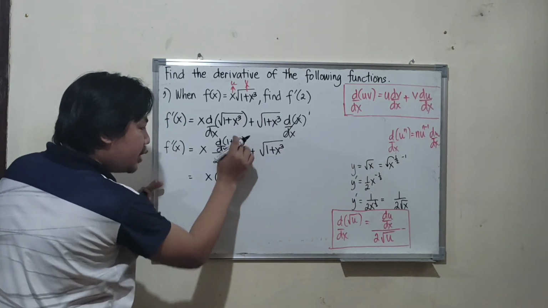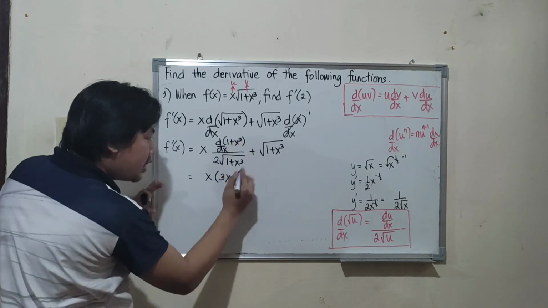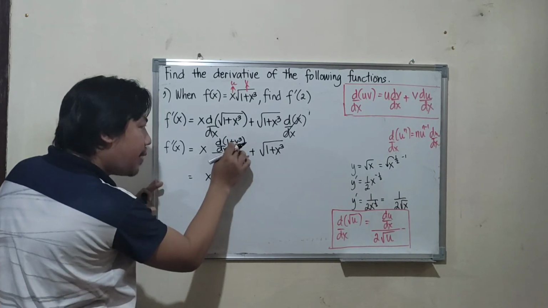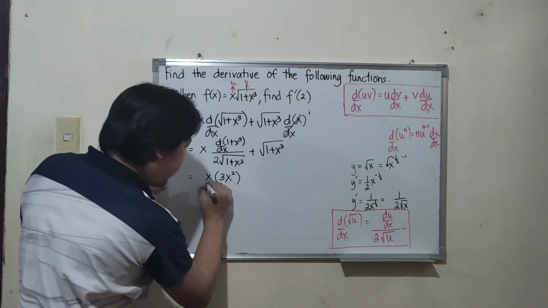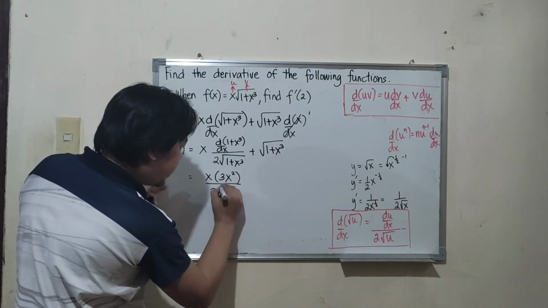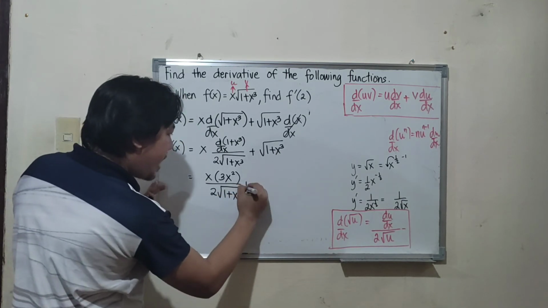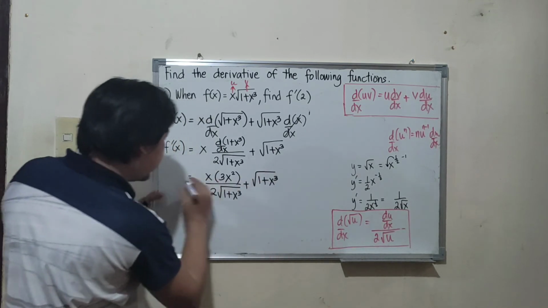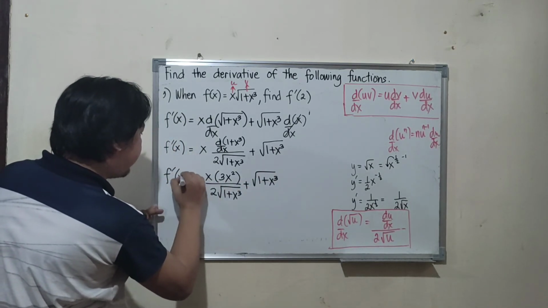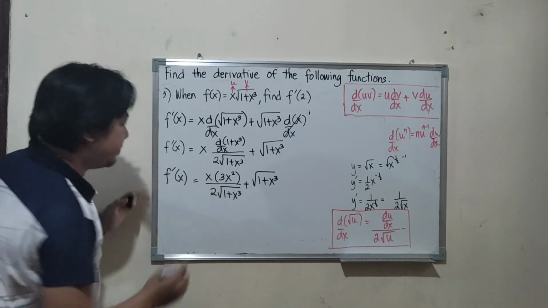The derivative of that is 3x to the 3 minus 1, so 2, times derivative of x with respect to x, that is 1. So ito na lang siya over 2 square root of 1 plus x cubed plus square root of 1 plus x cubed. So this is our f prime of x. Okay? So ito na yung ating derivative.